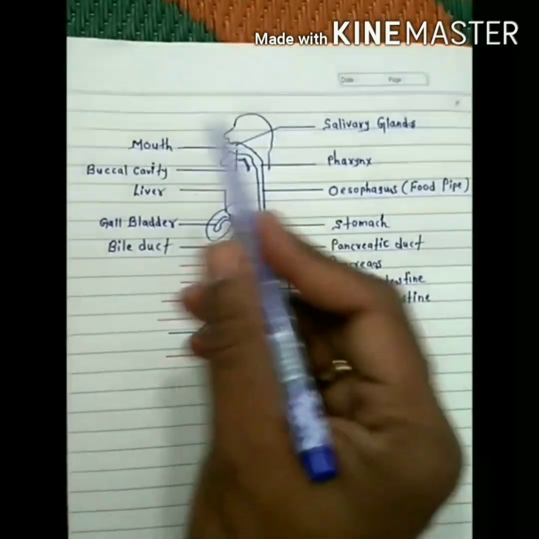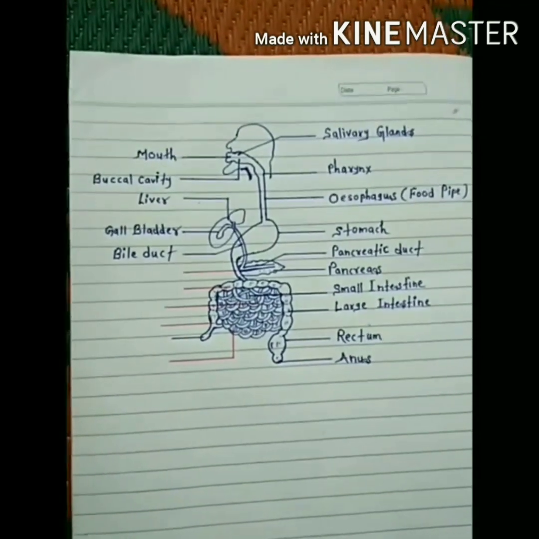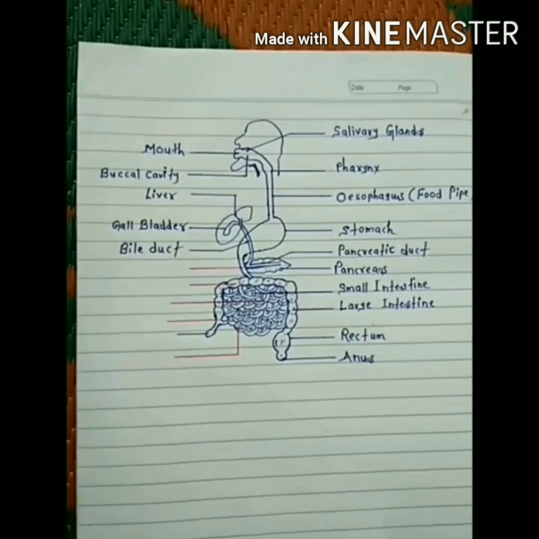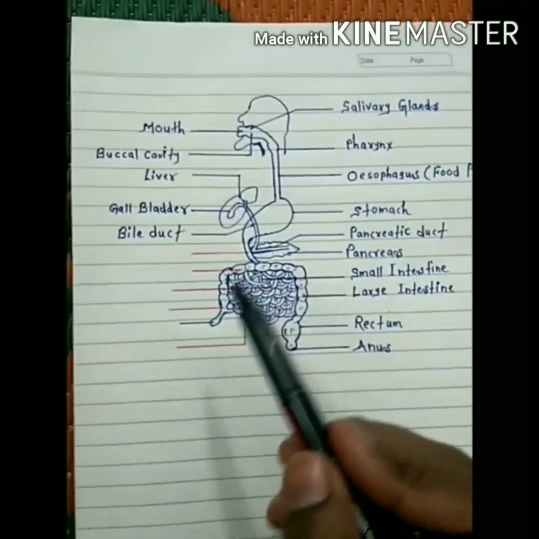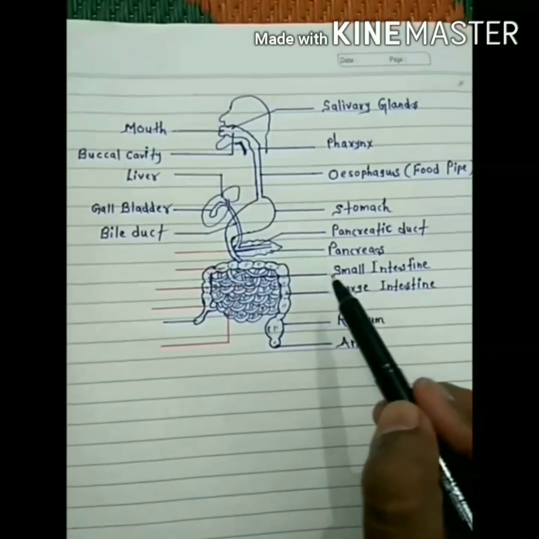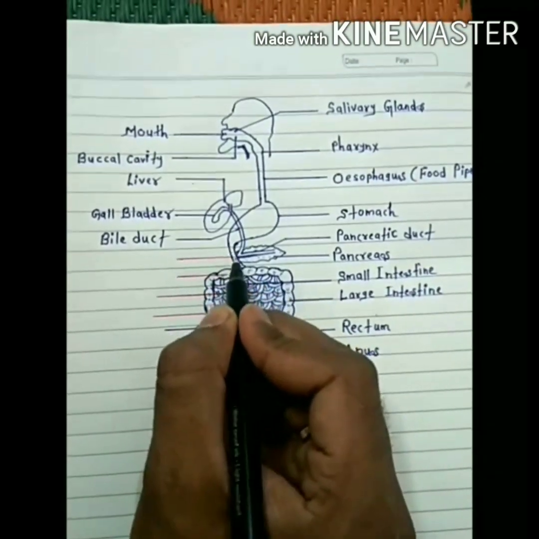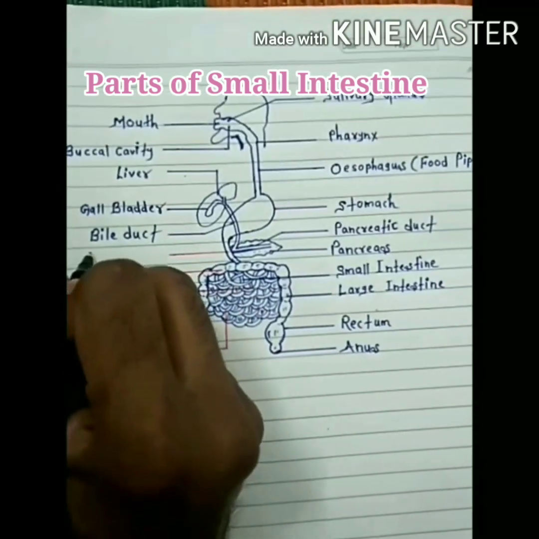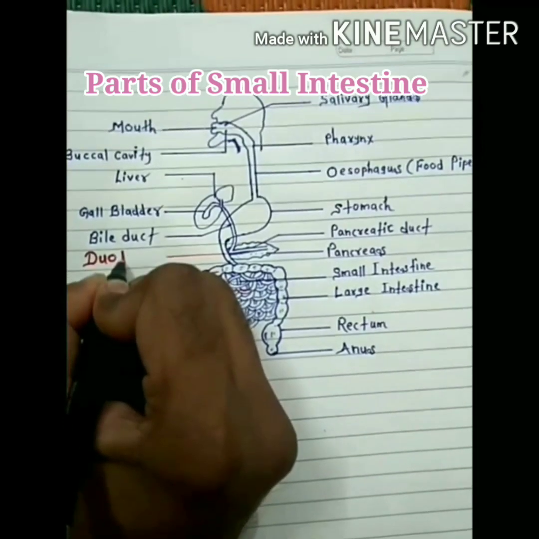Then we must not forget to write some parts of small intestine and some parts of large intestine. As you can see, small intestine is connected with the stomach, and small intestine has three parts. The first part, you can see the C-shaped part which is connected with the stomach, is called duodenum.